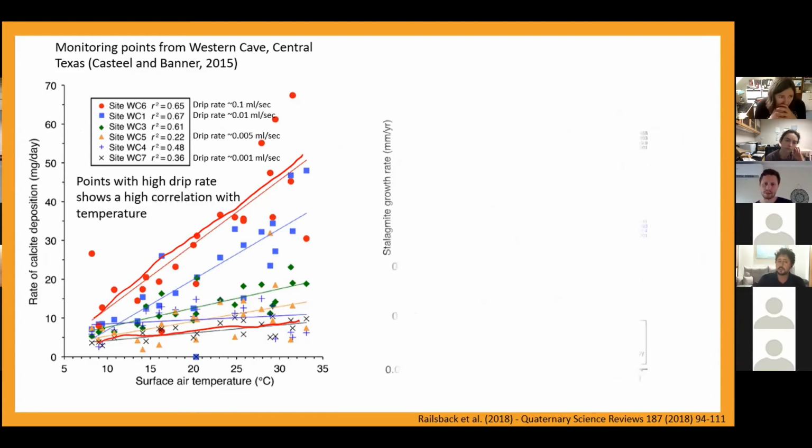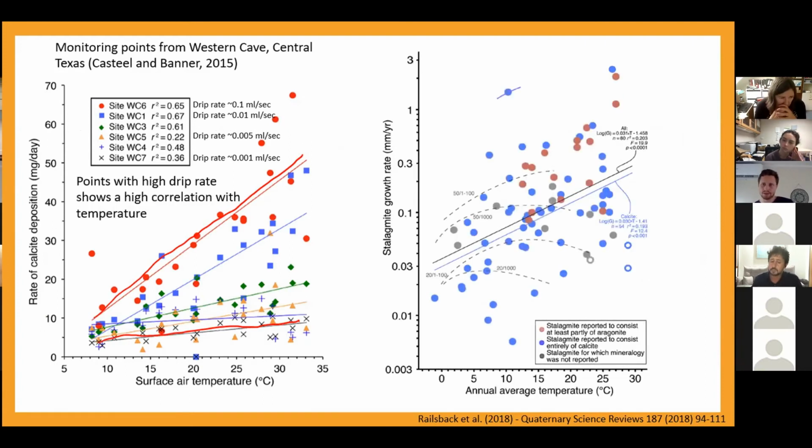There's also interesting work recently published by Railsback, when he compared 80 different speleothems from the late Holocene over the last 3,000 years, comparing growth rate in those stalagmites and the local temperature.